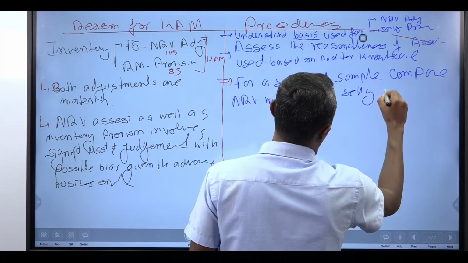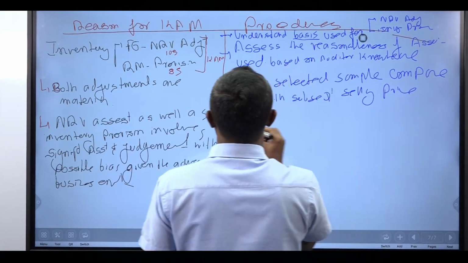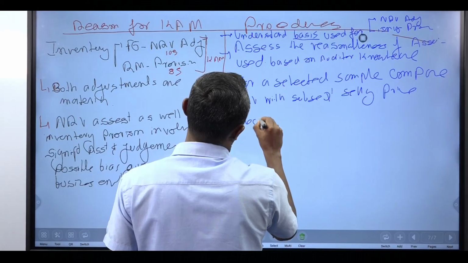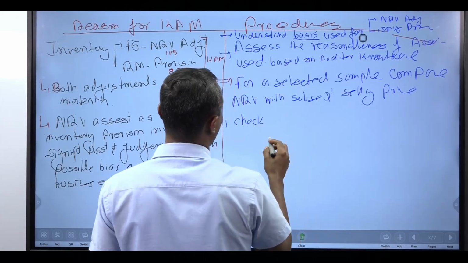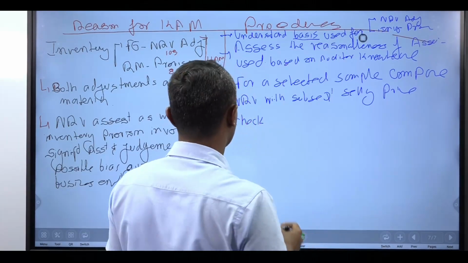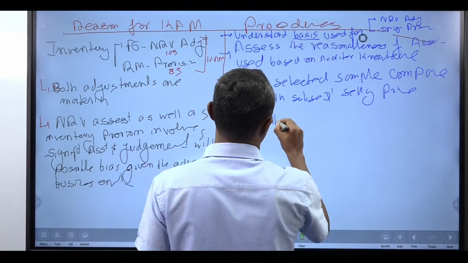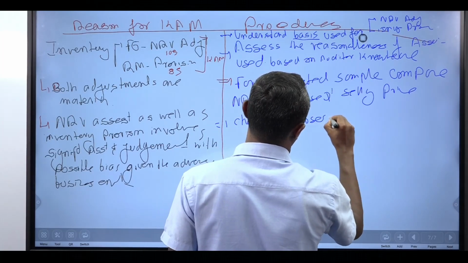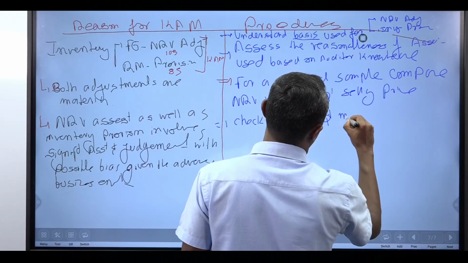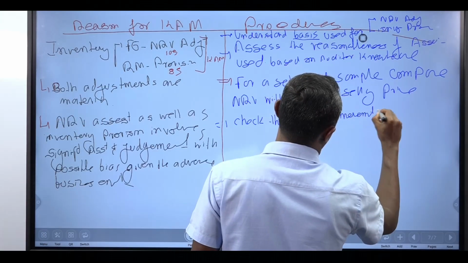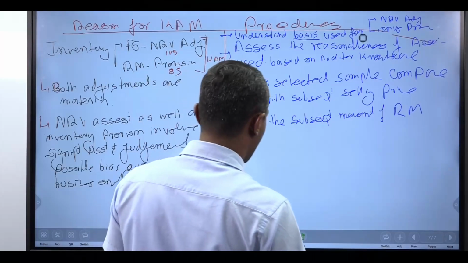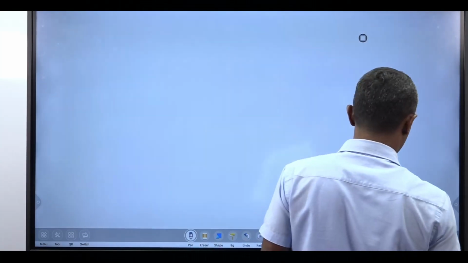The auditor can check on a sample basis, and can also check the subsequent movements of raw material, for those where provisions are made, to see that the provisions are adequate. So this is more than enough for that answer.